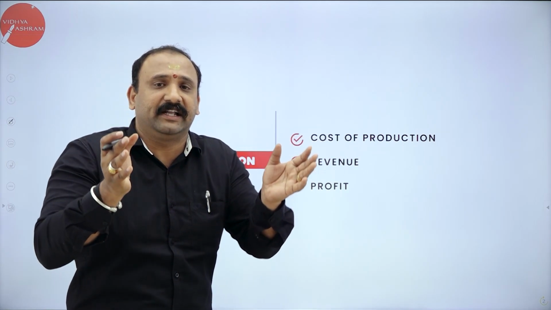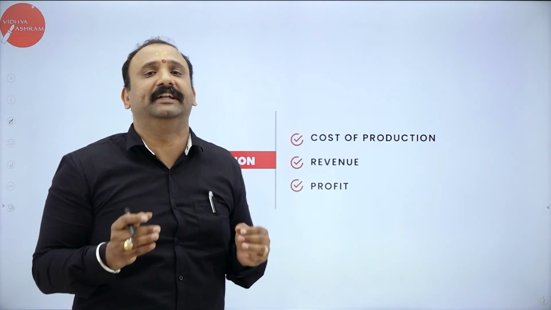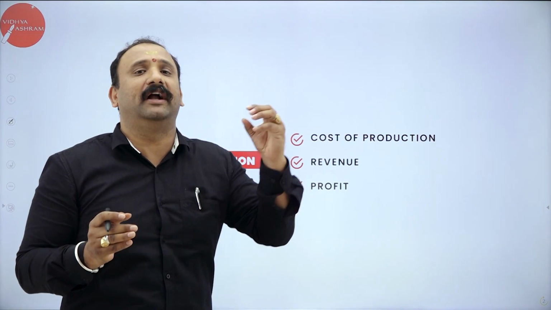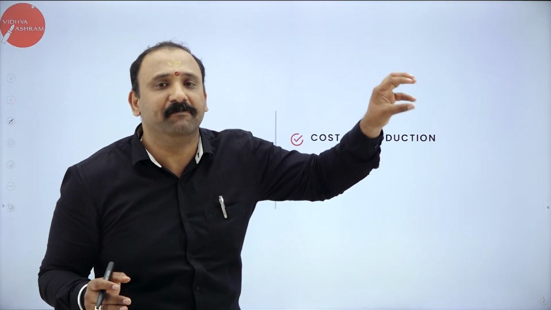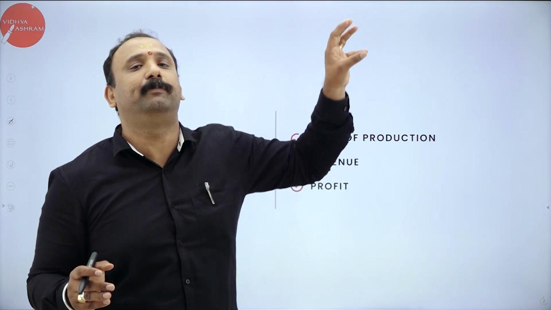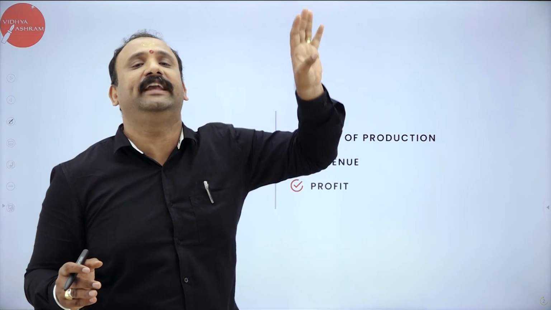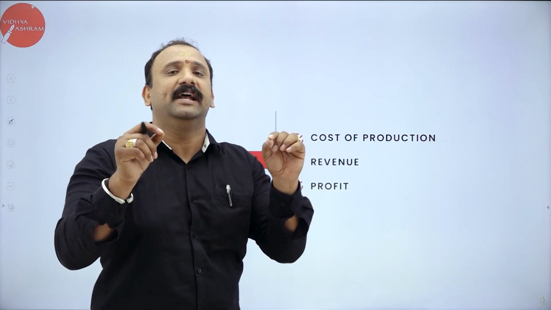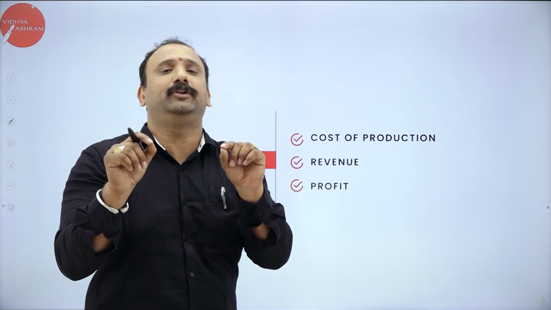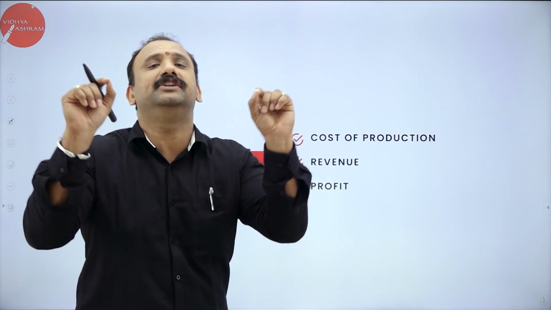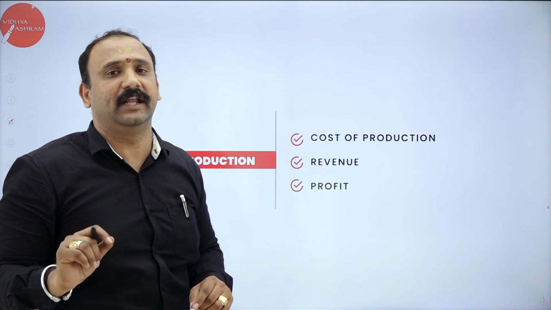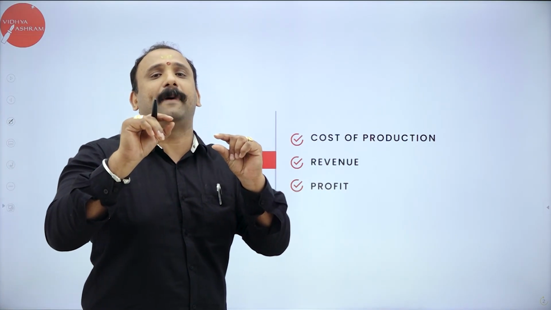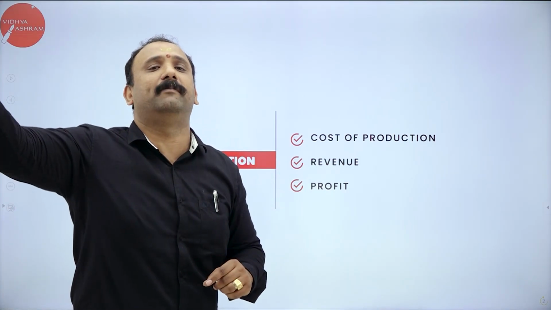Now, when we started the chocolate manufacturing industry, we understood that we have to produce a certain quantity of chocolate every month so that we can improve our sales by year end. So let's say that every month we are going to produce 10,000 chocolates. Once we start producing 10,000 chocolates, all the chocolates will be packed and sent to the market.